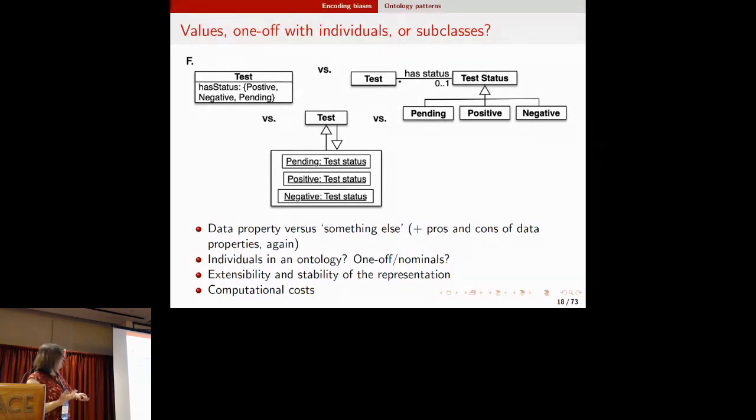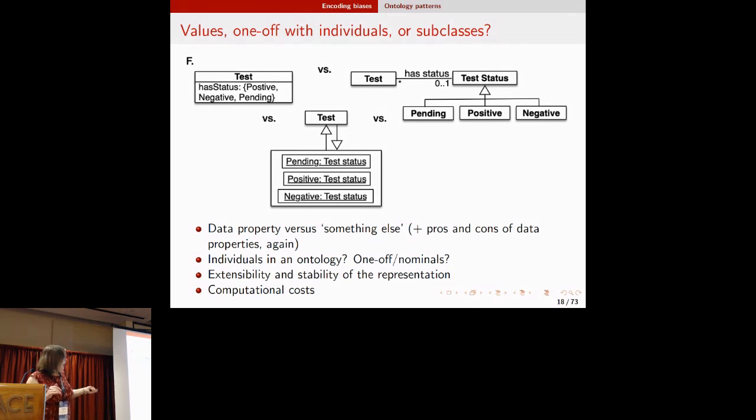Same case here, I have this issue with data properties on the left-hand side there. Again, that is an implementation decision and an application decision rather than having something generic and reusable. Then there is another thing that creeps in here as a discussion: should you have individuals in an ontology at all, or should it only be type-level information? And further on, this notion of one-of nominals, ontologically, is very awkward.